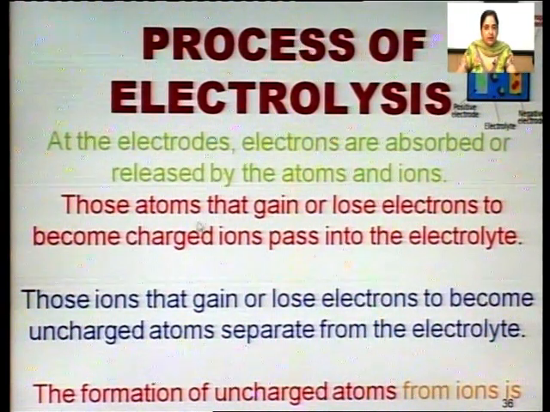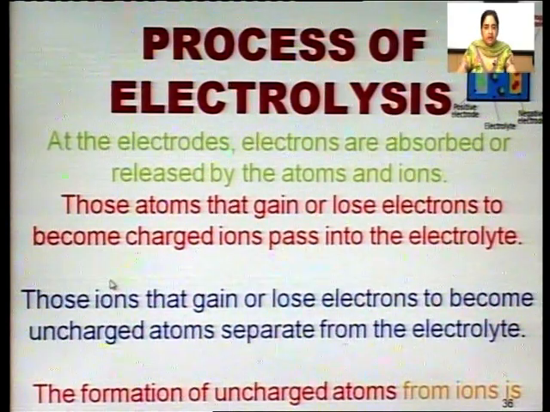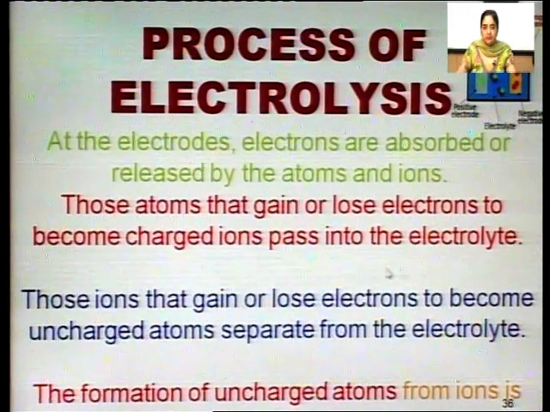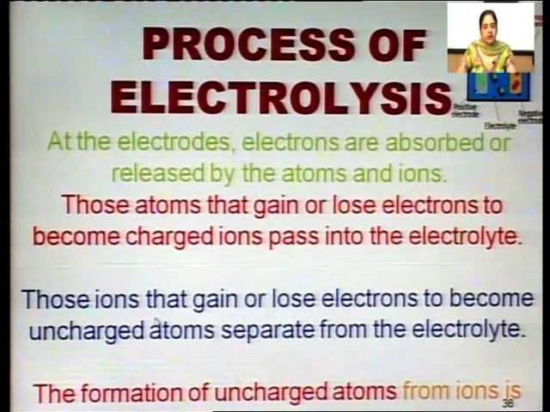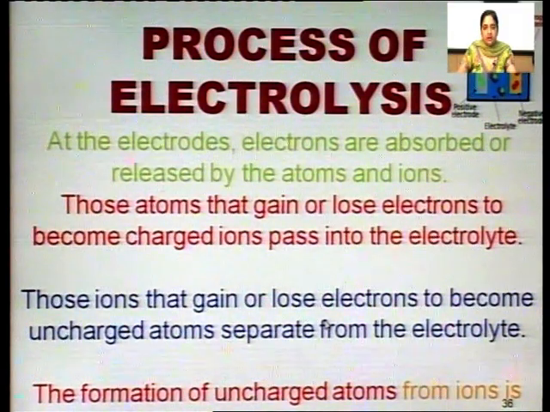Those ions that gain or lose electrons to become uncharged atoms separate from the electrolyte. The formation of uncharged atoms from ions is called discharging.